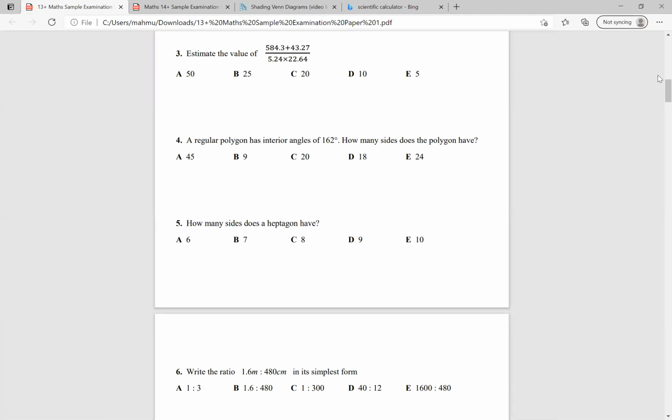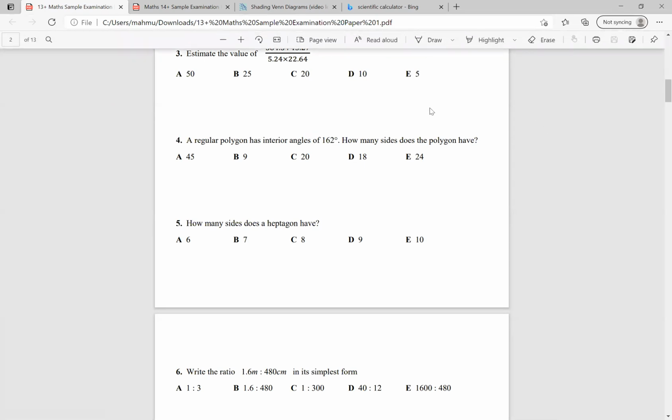A triangle has 3, quadrilateral has 4. I think it should be 9. It can't be more than 9. No, it's 20, sorry. If the interior angle is 162, the polygon has 20 sides. So the answer is 20.